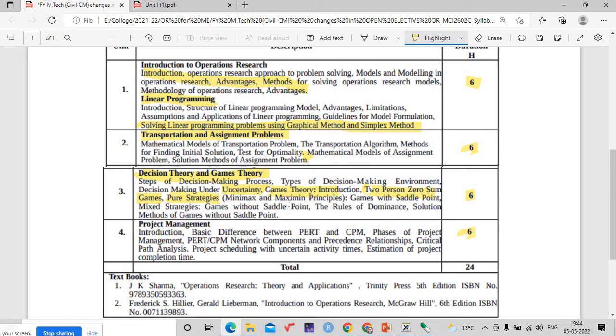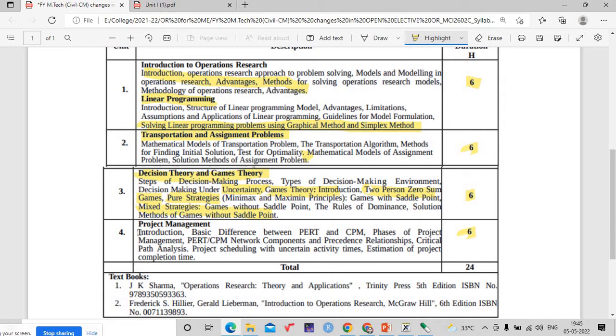Game theory also involves certain kinds of randomness many times, and certain maximum and minimum principles are involved too. That also we will be learning. Mixed strategies we will be learning as well, and their application in different interdisciplinary areas.